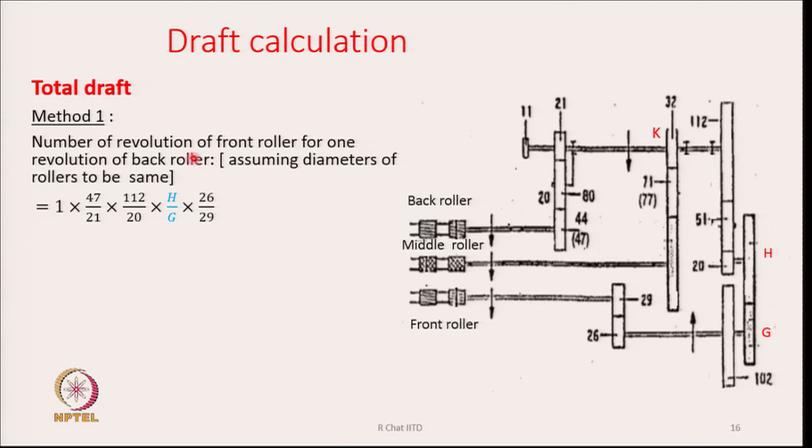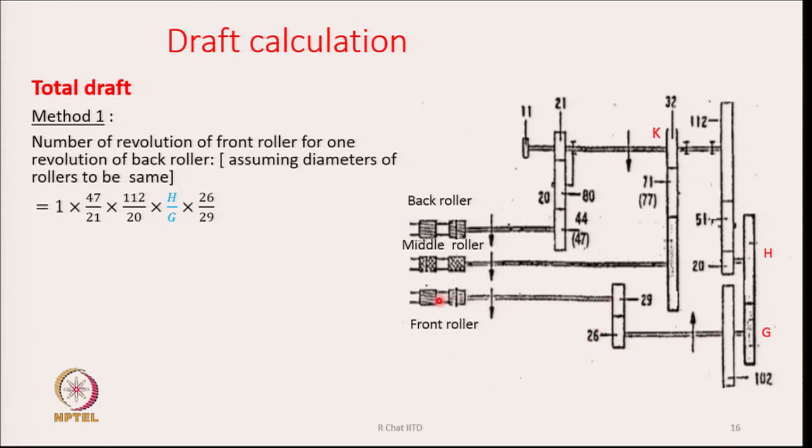So, this is the back roller. For one revolution of the back roller, we want to know, if we go through this set of gears, how many revolutions there are of the front roller.